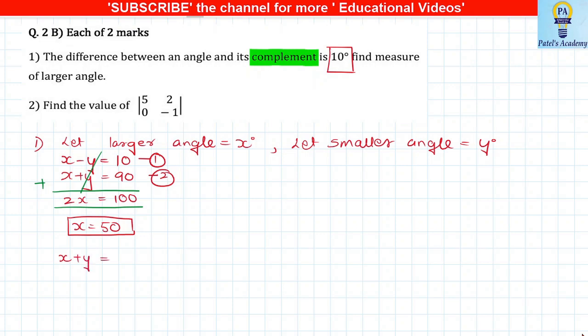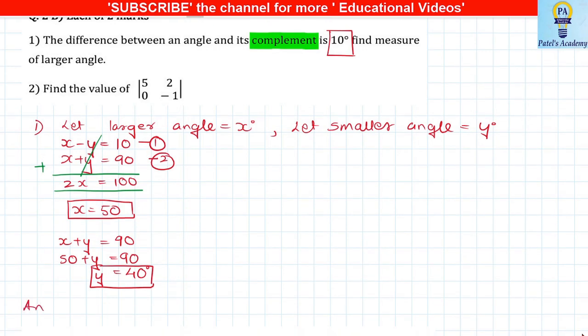So let me take equation 2. So x is 50. After we shift, we get y as 40 degree. So the final answer is the two angles are 40 degree and 50 degree.